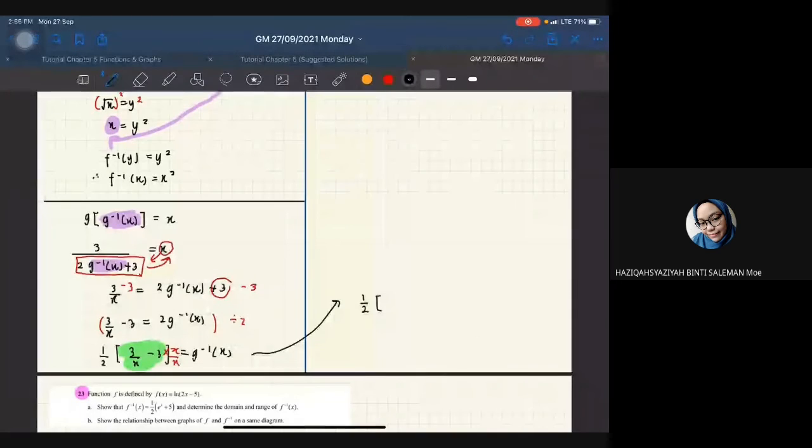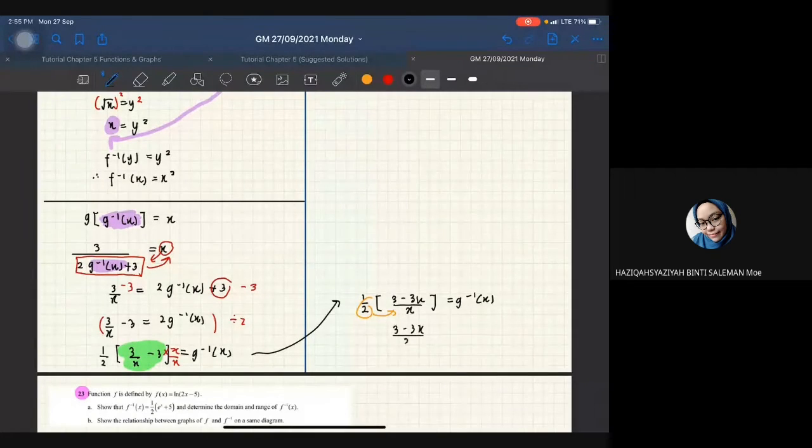Okay, so awak akan dapat 3 minus 3x over x equal to G inverse of x. Okay, so saya nak bawa masuk pula 2 ni ke dalam. 2 saya nak bawa ke dalam. So awak akan dapat 3 minus 3x over 2x equal to G inverse of x. Dah siap. This is your inverse function for G.